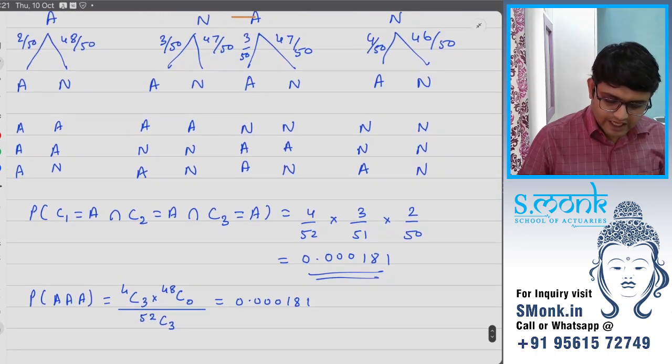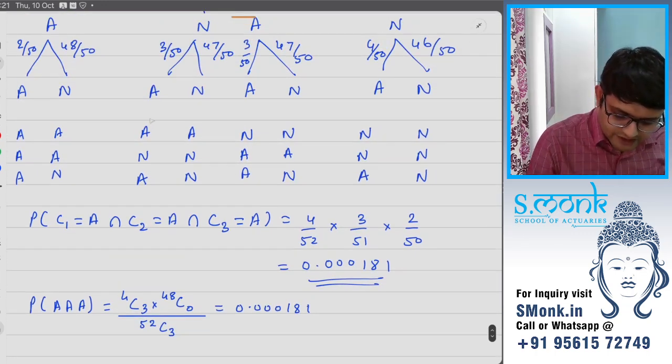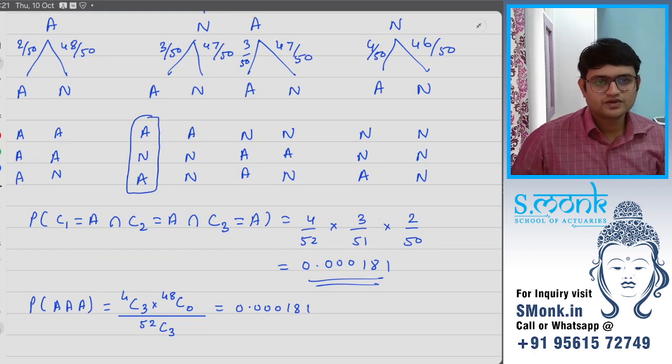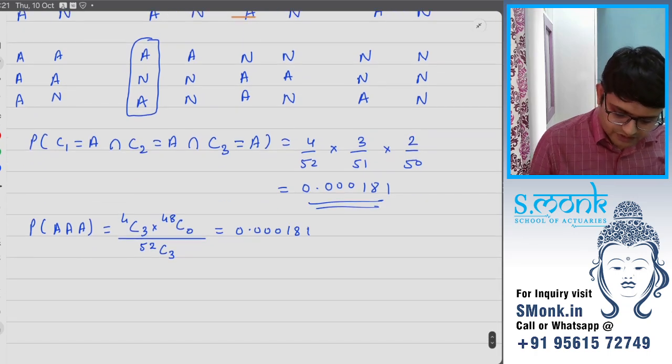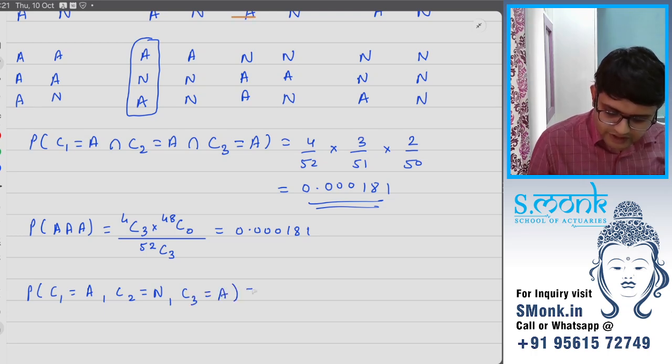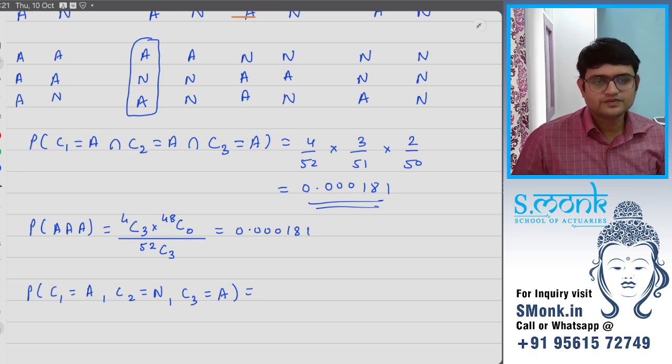That means, let's say I want to find this permutation. This permutation means if I say the probability that card 1 is ace, card 2 is not an ace, and card 3 is ace. This becomes one permutation only.